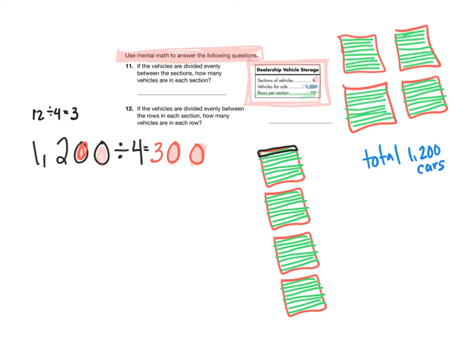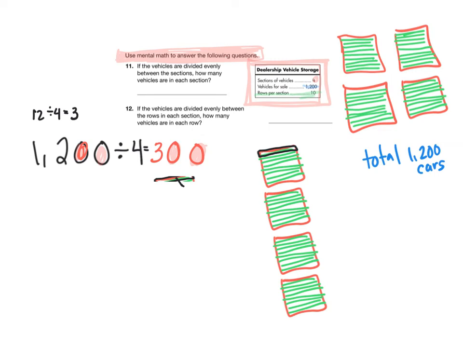Okay, so I've got 300 of these little rows that I marked out. How many vehicles are in each section? See, this is why I had to do this twice and think out loud about it, because this is not the answer I want. I don't have 300 cars in each of these sections.